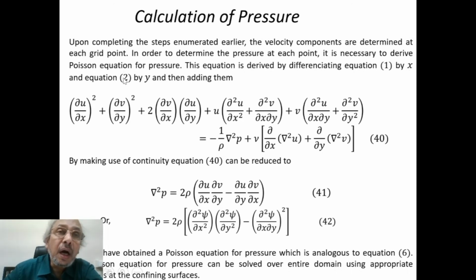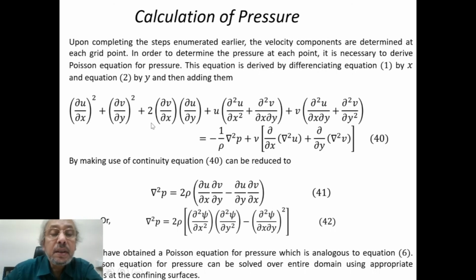And the y direction momentum equation, we are differentiating with respect to y. Earlier, for forming the vorticity transport equation, the y momentum equation we differentiated with respect to x, but here we are differentiating with respect to y.